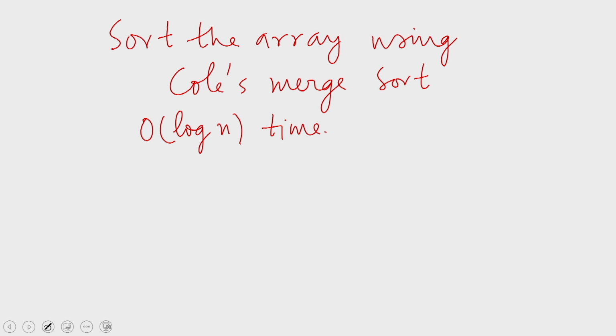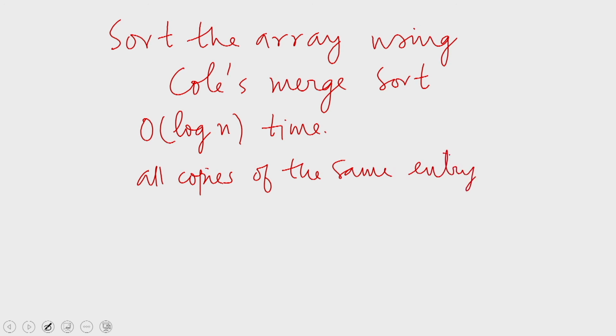But when we do this, what we gain is that the redundant elements are all coming together. For example, all copies of the same entry are now together.